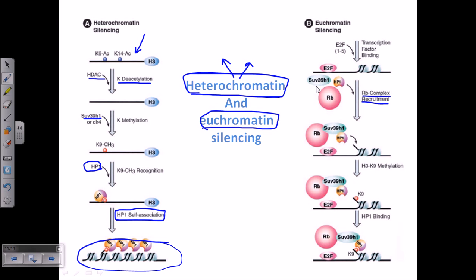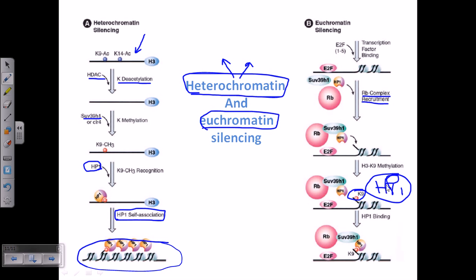Now this complex with RB, SUV39H1 and HP1 will be recruited, and it will attach to this position of the histone tail and methylate the histone tail. So here comes the methylation at the K9 position of the histone tail, and then self recruitment and self association of HP1 protein happens, just as we have seen in the case of heterochromatin.